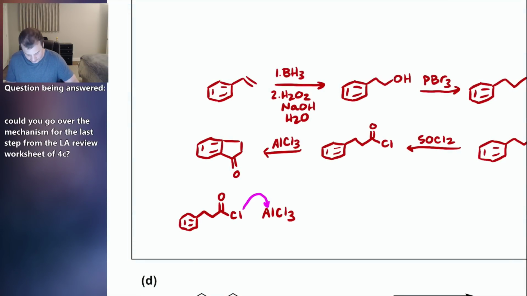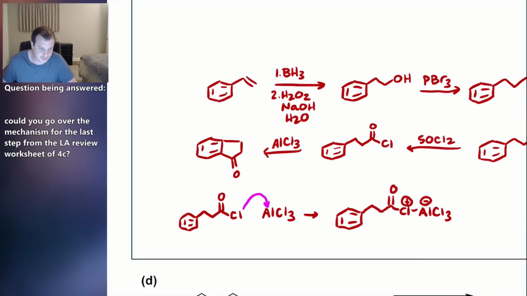This is the first step of our Friedel-Crafts reaction. That gives us this complex where the aluminum has a negative charge and the chlorine has a plus charge.